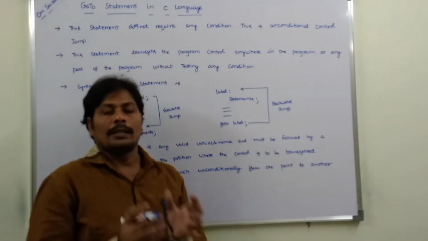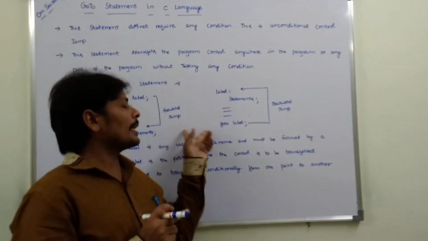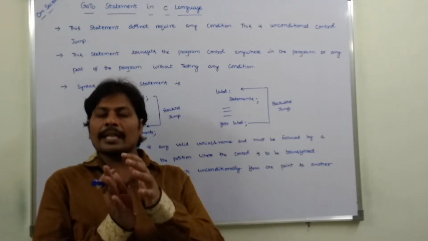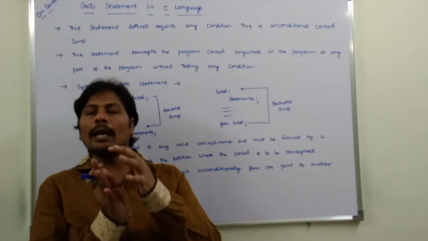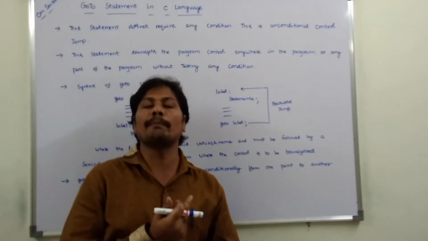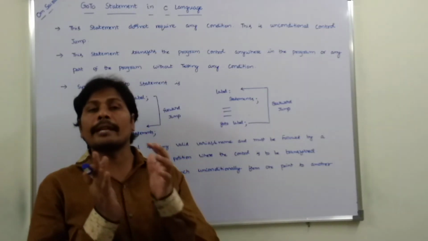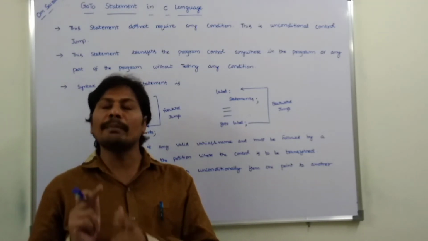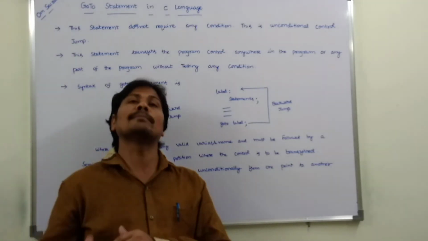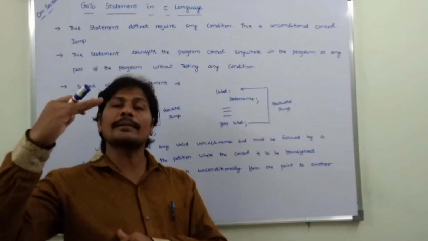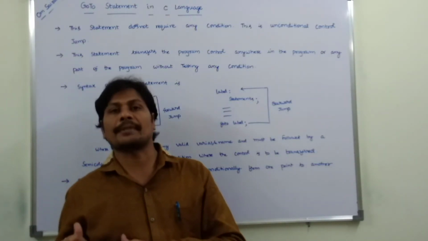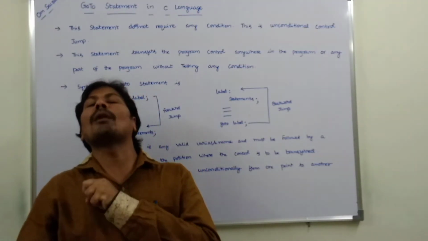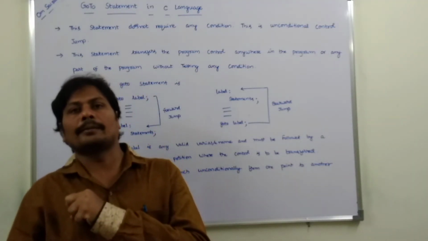So by considering these two syntaxes, whatever statements are available after the goto label statement are skipped and the program control is immediately transferred from the goto label statement to the label statement. The statements within the label block are executed.